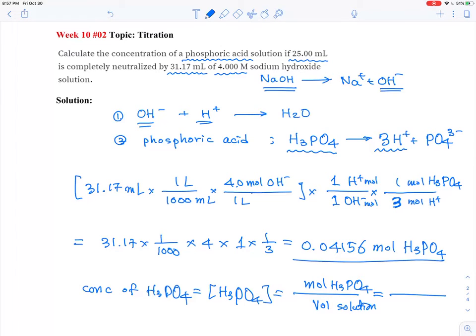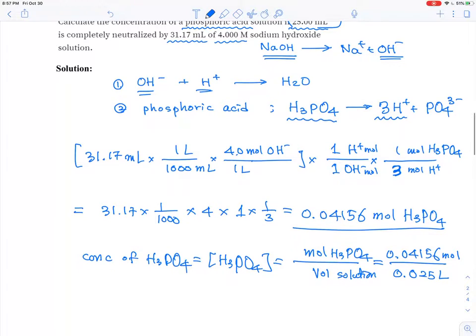How much volume are we talking about here? That's 25 milliliters, so 0.025 liter, and the number of moles is 0.04156 mole of phosphoric acid. This leads me to 1.662 moles per liter of H3PO4 concentration.